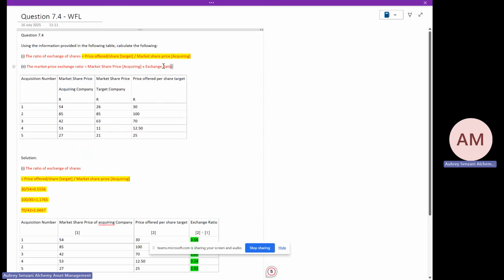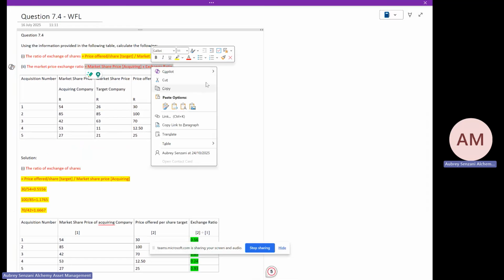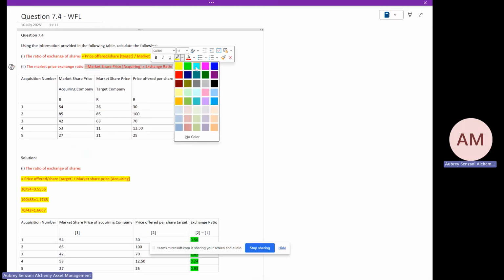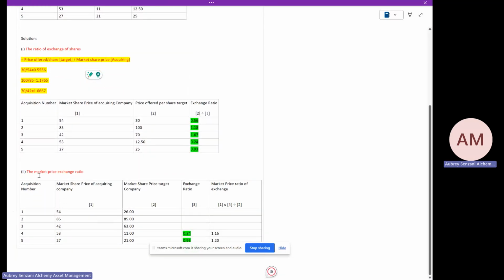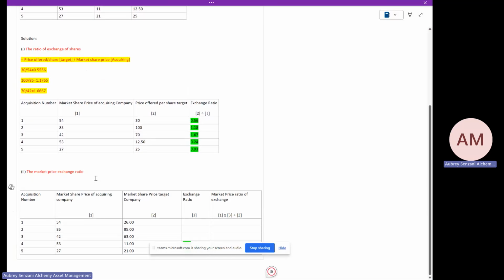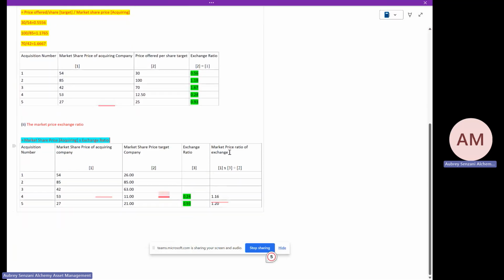So let's take this formula because we're going to use it now. I'm going to highlight this one. No, I want to use a different color. Let me use a different one I haven't used before. So let's copy this again and come down here to this next section. So we want to calculate what? The market price ratio of exchange.